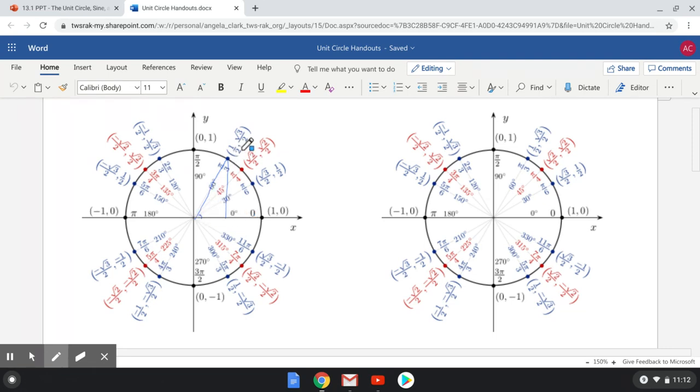So once I know my unit circle, I can scale it with whatever radius I need. If I need this to be 30, then that's what I multiply this by. If the ladder is 21 feet long, that's what I multiply this by.